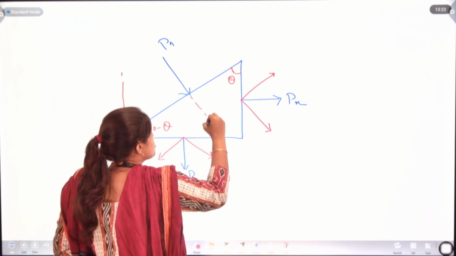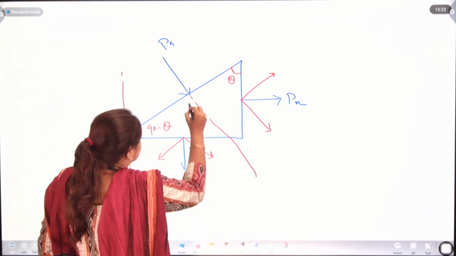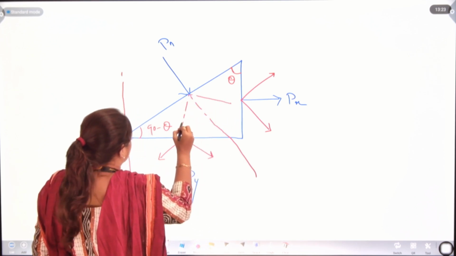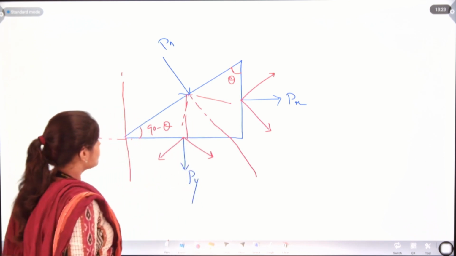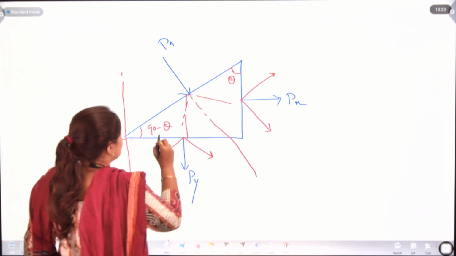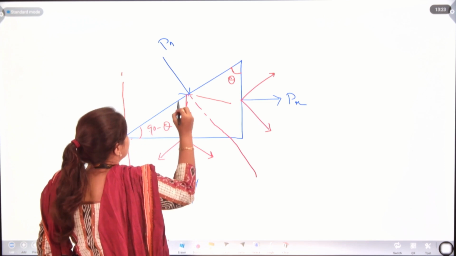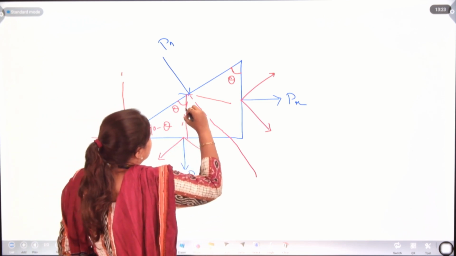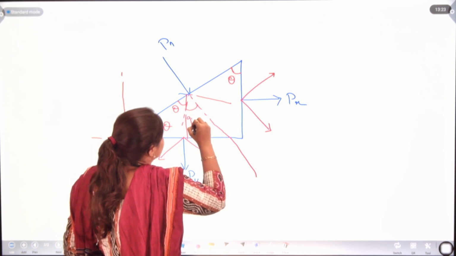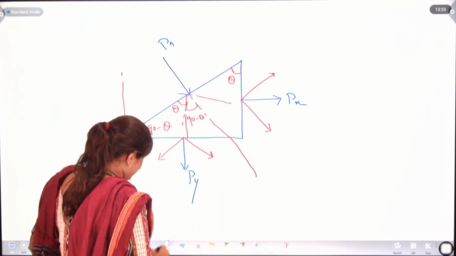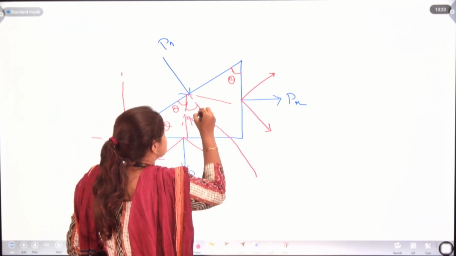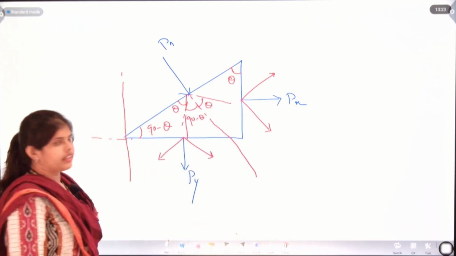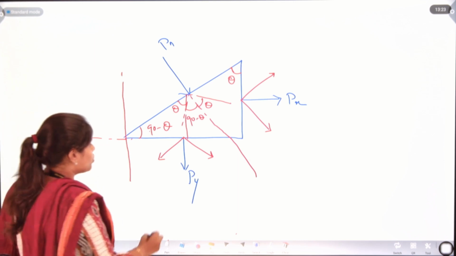So if we just extend this, due to this being 90 minus theta, here we will have one theta, and in this direction we will have 90 minus theta. So this will also be theta.